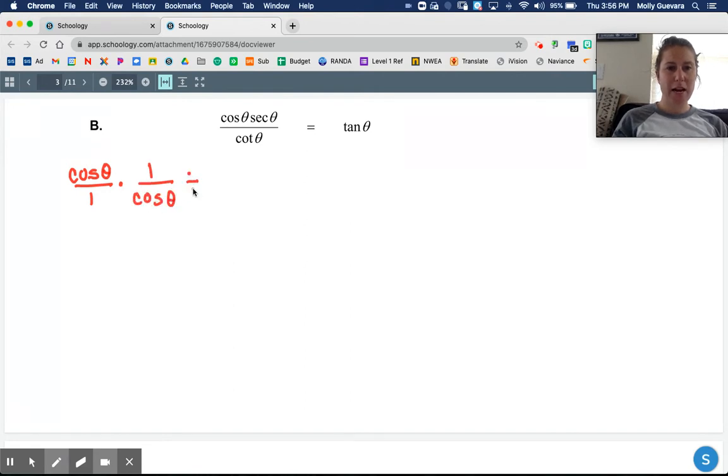And then divided by, I'm going to write it like this, cotangent of theta, which is cosine of theta over sine of theta. So hopefully that makes sense how I got that so far.